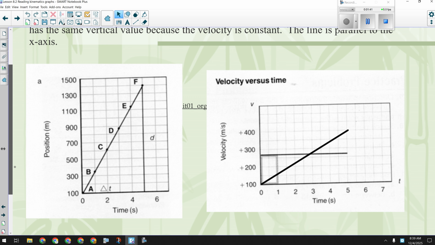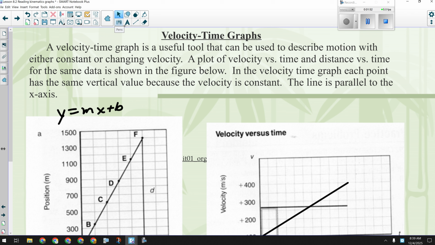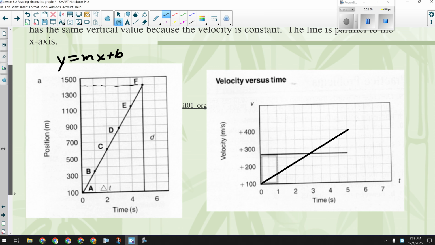I absolutely could. If I want to use y equals m times x plus b, I could totally do that here. Even though the graph didn't necessarily give it to me, I can still use it because I can say that this is y, this is b down here, and I have x being 5 seconds.